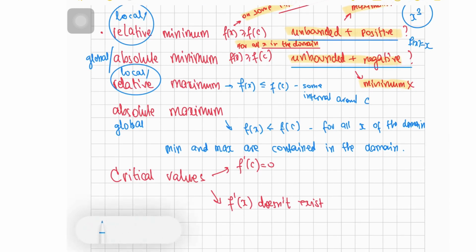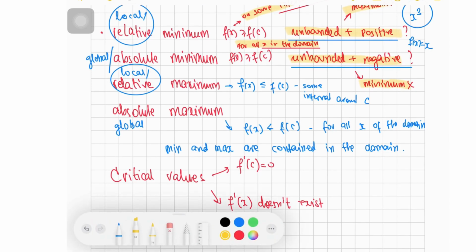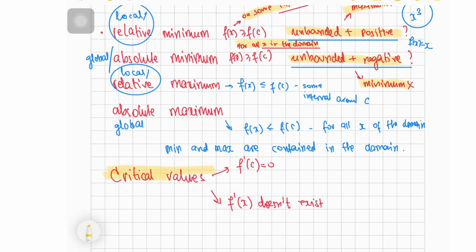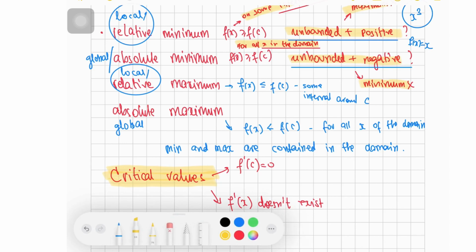Okay, so we have introduced a couple of concepts, and now we want to see what are critical values, because with these critical values we will see how derivatives and extrema are related.